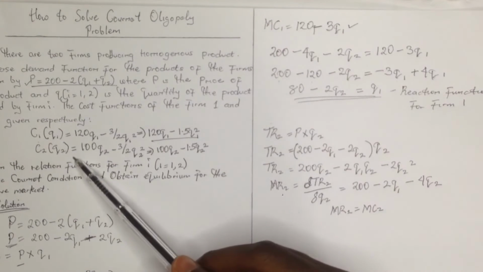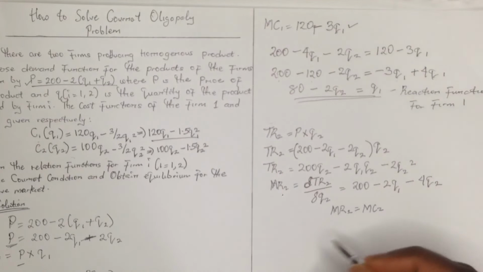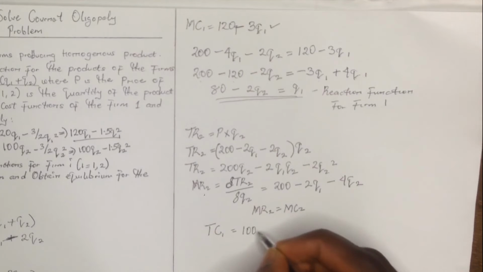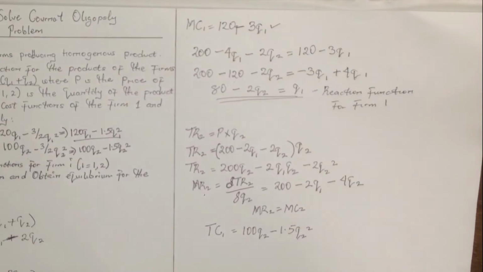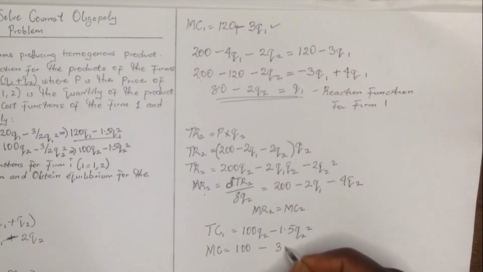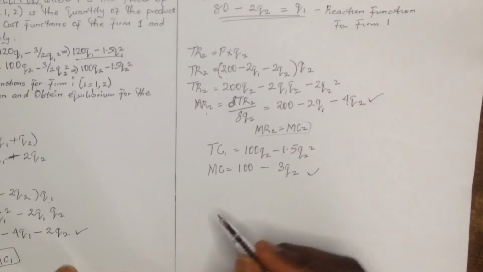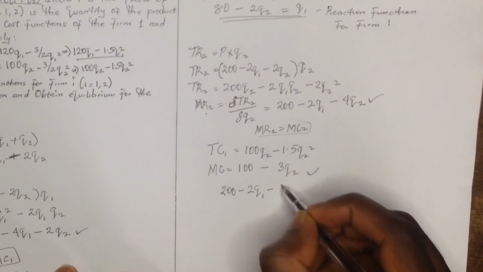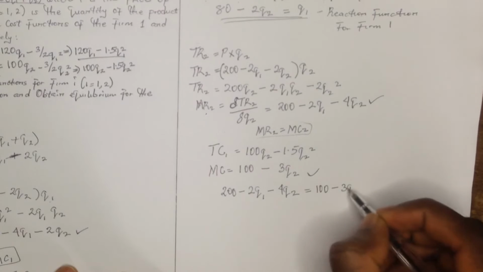Our cost function for firm 2 gives a total cost with a marginal cost of 100 minus 3Q2. Equating marginal revenue and marginal cost, we have 200 minus 2Q1 minus 4Q2 equals 100 minus 3Q2.